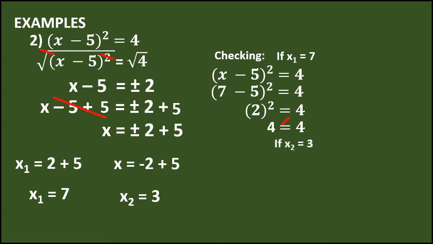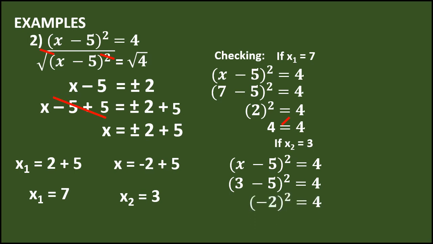Let us try 3. If x is equal to 3, using the original equation, quantity x minus 5 quantity squared equals 4, we are going to replace x with 3. It will become quantity 3 minus 5 quantity squared equals 4. And we have negative 2.